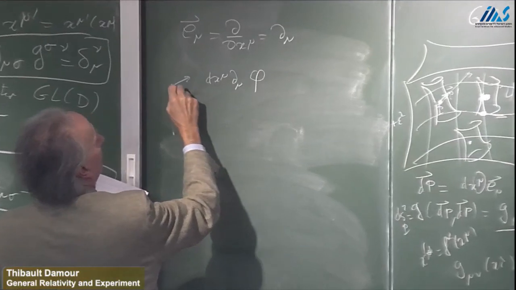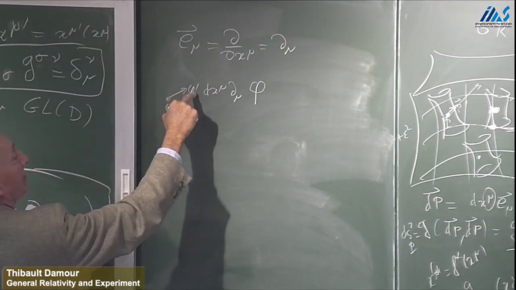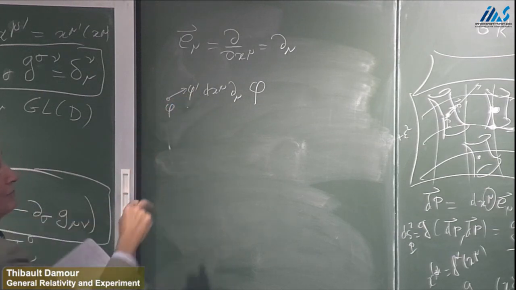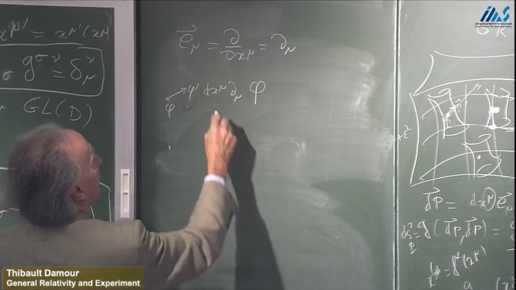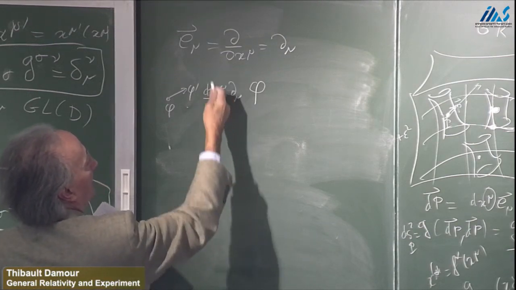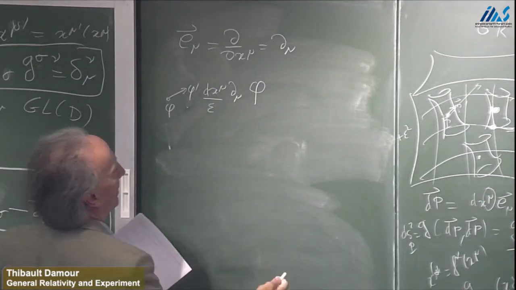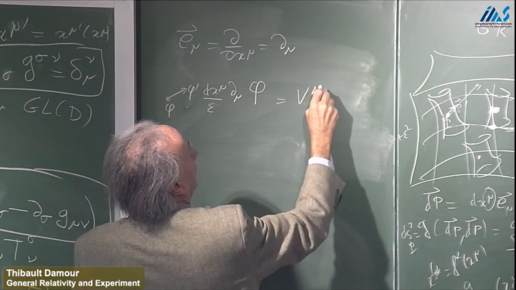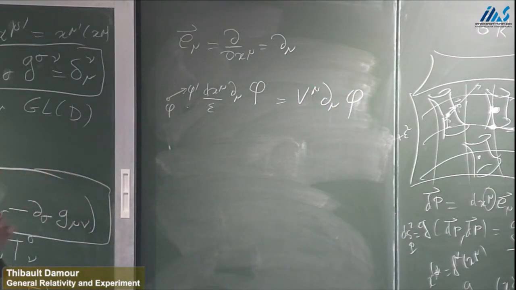If I have a scalar field which lives at this point and this point, I can take the directional derivative, which means the difference between the value of the field here and the value of the field here, at the end of the infinitesimal vector minus at the beginning of the infinitesimal vector. Which means that if I take a general vector which now is not infinitesimal but which is finite magnitude, this means I can define the directional derivative of any scalar. So a vector is also something which allows to differentiate scalars in some direction, okay?